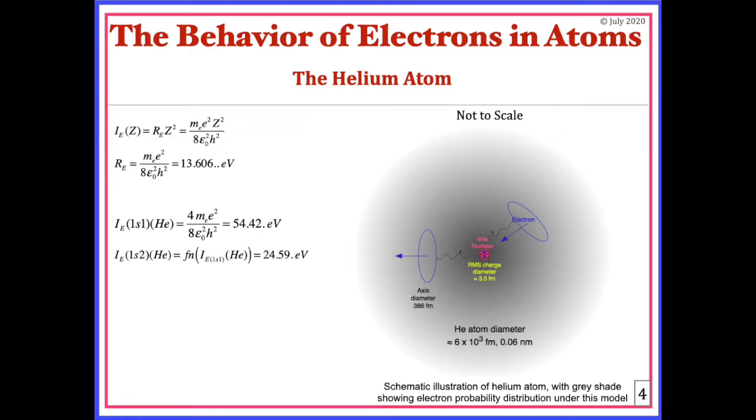This gives a not-to-scale representation of a helium atom. At its center is the nucleus. It has a root mean square charge diameter of about 3.4 fm. It has 2 electrons moving around it to neutralize its positive charge. Their movement is constrained by the potential well created by the 2 protons inside the nucleus.